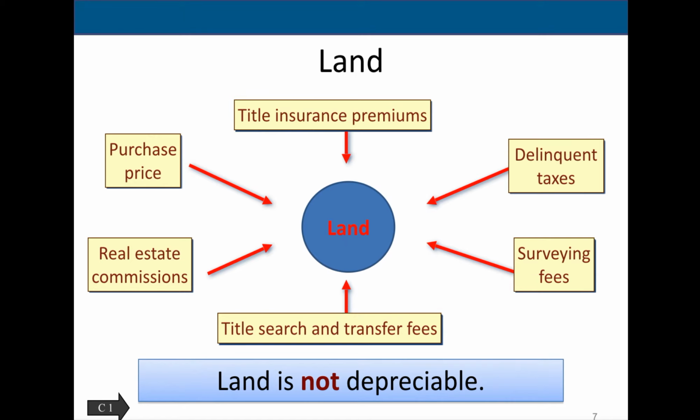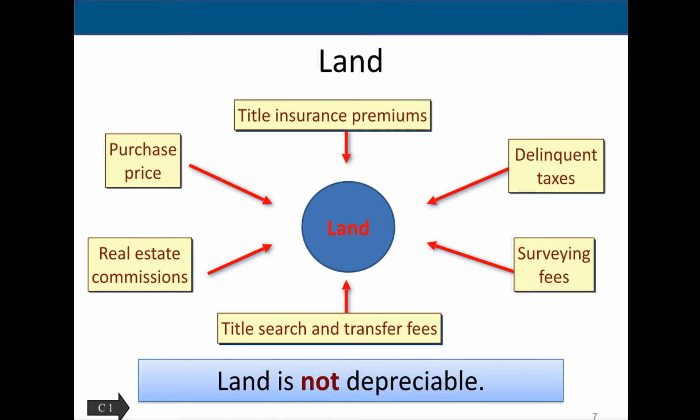Then we have another asset category within property, plant, and equipment called land. Land is special because we don't depreciate land. We haven't talked a lot about how depreciation works, but when we talk about land as a class of assets, it's important to note that we don't depreciate it. What does that mean?